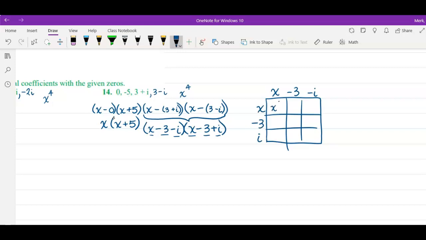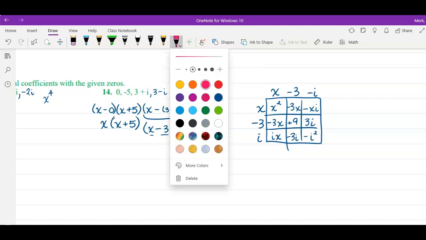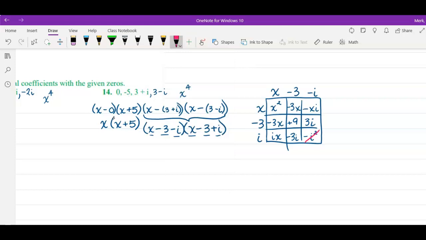And as I go through my box, I can do it pretty quickly to come up with all of these numbers. Negative 3 times negative 3, negative 3 times negative i times x, negative 3i, and finally negative i squared. Remember from unit step 13, I believe it was, i squared is negative 1, there's already a negative, so this just equals 1.